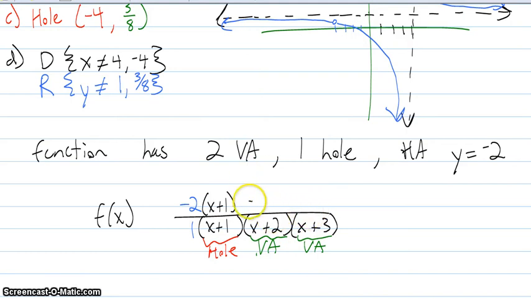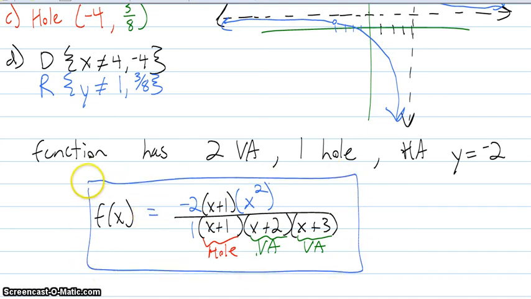You can just choose to finish this off by saying I have x squared on top. As long as it doesn't match any of these vertical asymptotes, you are okay. Okay, so x squared times x plus 1, and then the -2. And that is a function that has all the required pieces for that problem. And that was example 3.